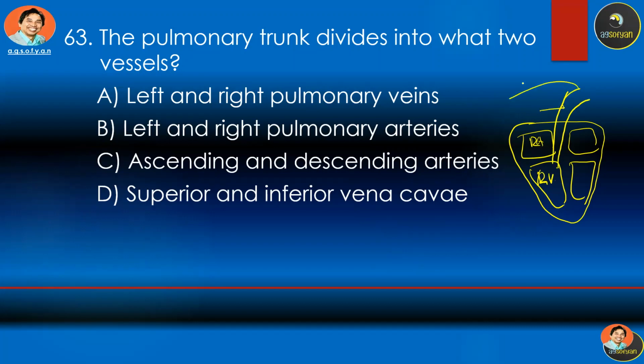And then the pulmonary trunk will branch into two arteries. Remember, the right ventricle will pump the blood to the lungs, right? So it's going to be the left lung and right lung. The one that goes to the right lung is called the right pulmonary artery. The other one is going to be the left pulmonary artery. Okay, so left and right pulmonary arteries.